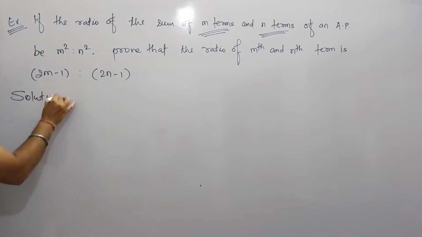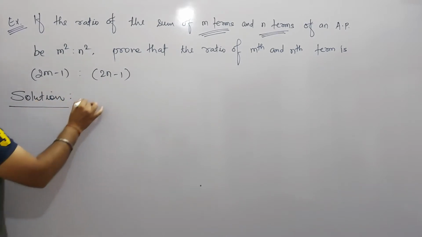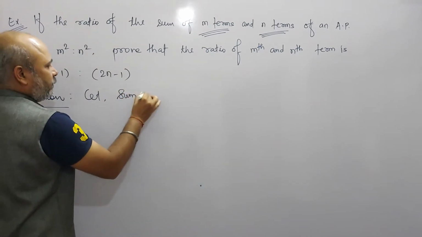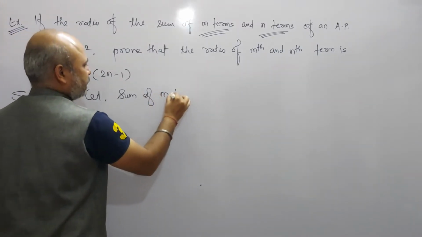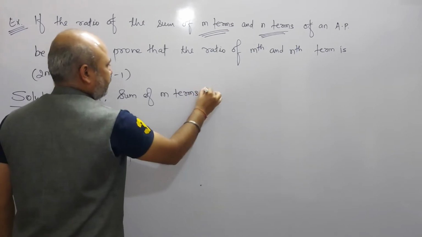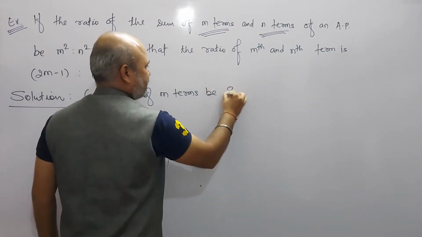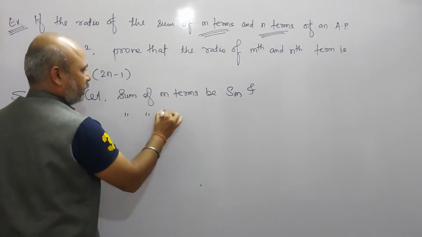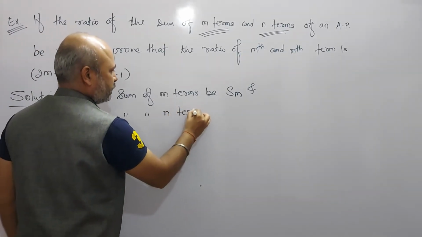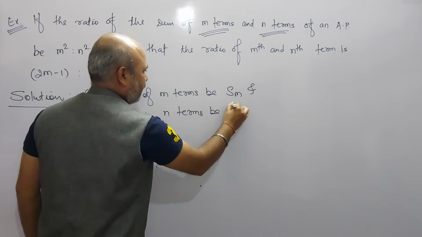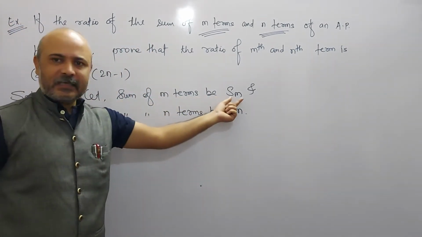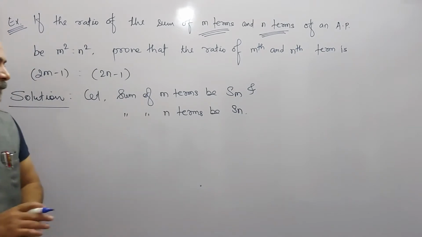To start the solution, let the sum of m terms be Sm, and the sum of n terms be Sn.